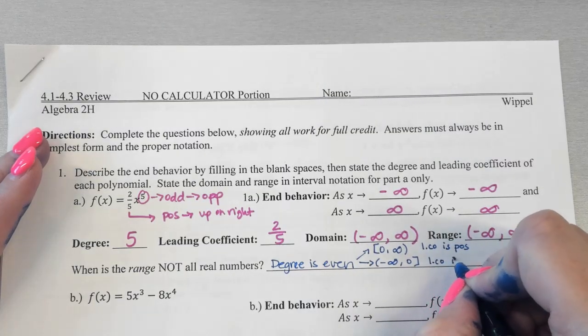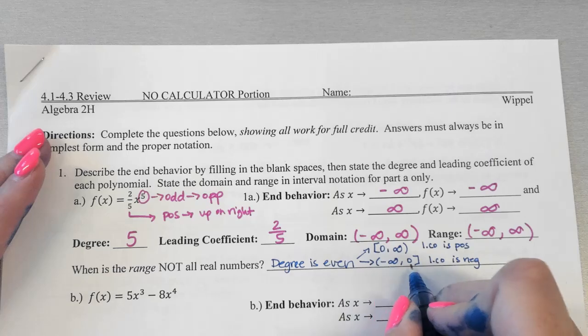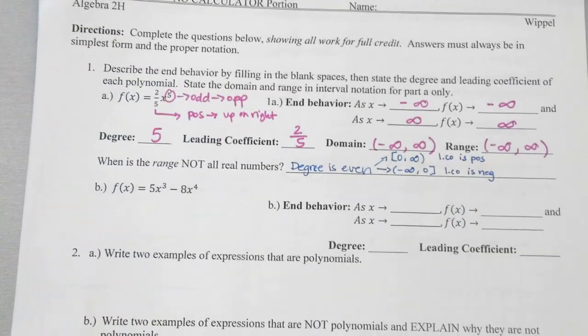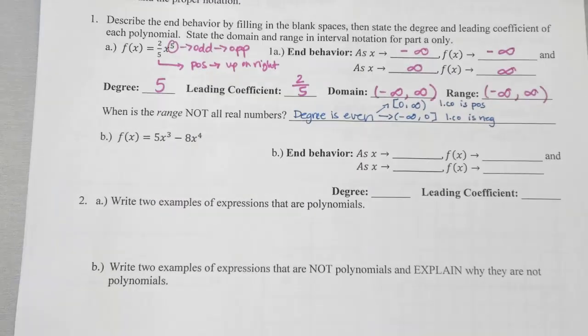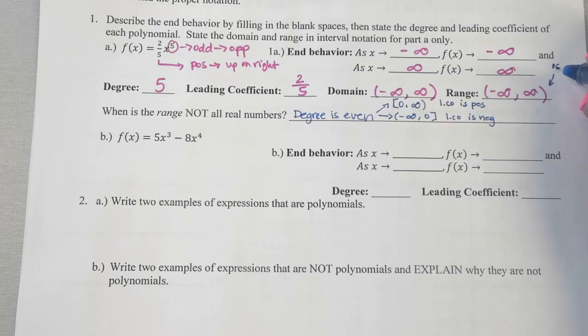If the leading coefficient is negative, they're below 0. Okay, so that's when you would have the second one. That covers all the different cases you can see. And then the range is this because it's an odd degree. So if it's an odd degree, the range is all real numbers.